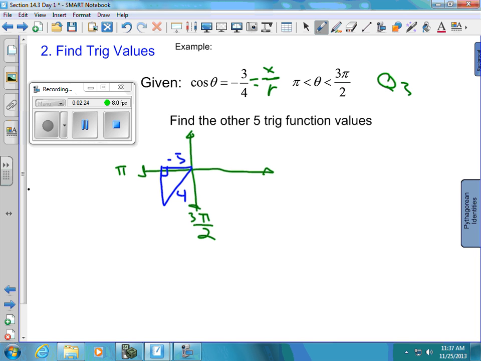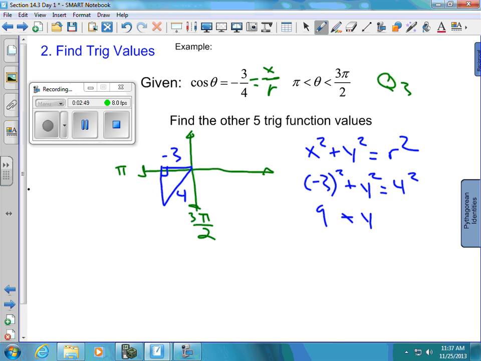How do we find y? We're going to use the Pythagorean theorem. X squared plus y squared equals r squared. -3 squared plus y squared equals 4 squared. 9 plus y squared equals 16.